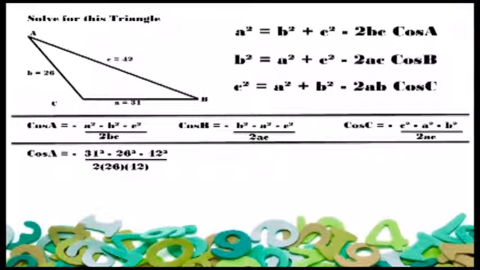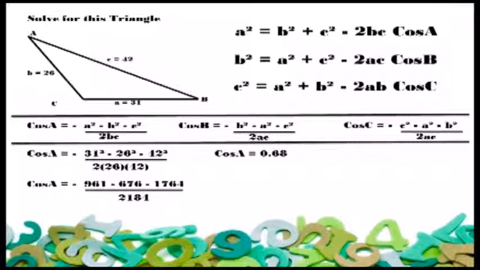So let's substitute the given. Simplify, so we will have cosine A is equal to 0.68. Press shift and cosine on your calculator and your answer 0.68 and hit equal. So we have the angle A, 47.37 degrees.